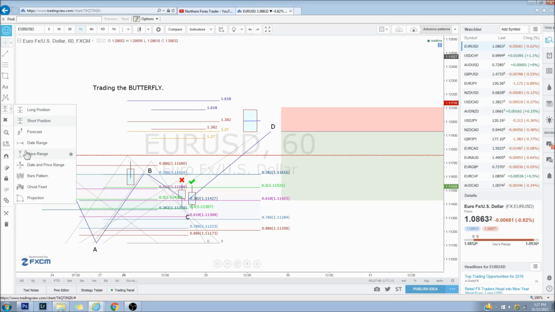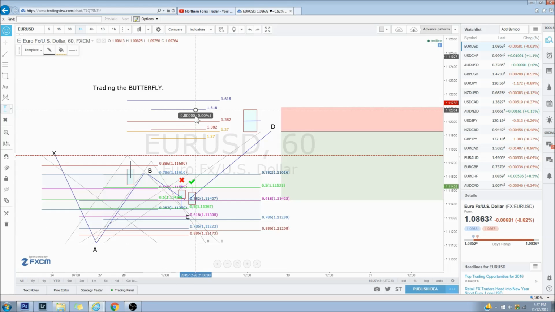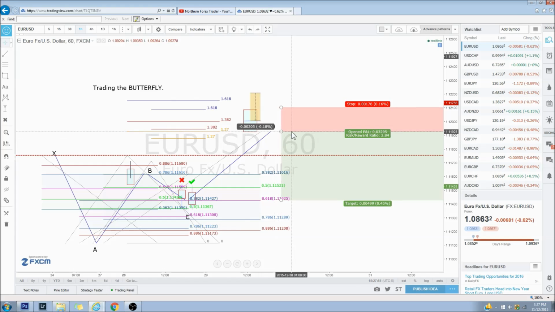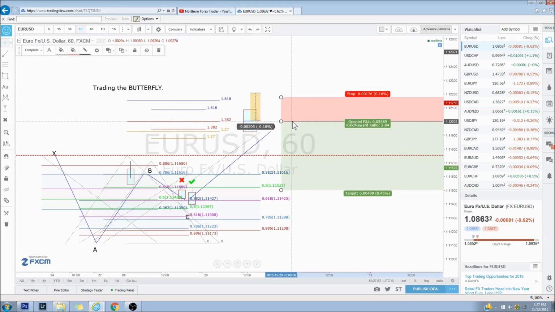But let's say there's my new entry point. What I would do is take the range between the 1618 and this 127 and move it to where my entry would be. So now my entry point would be there.